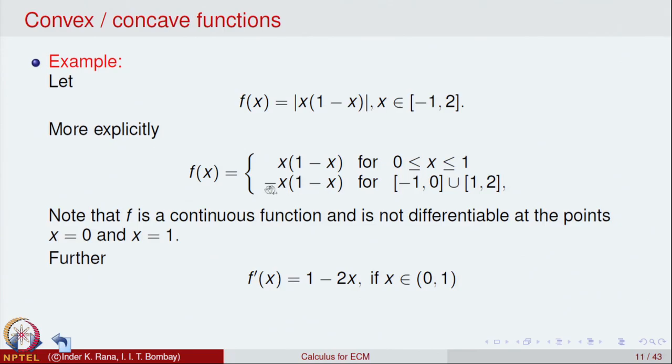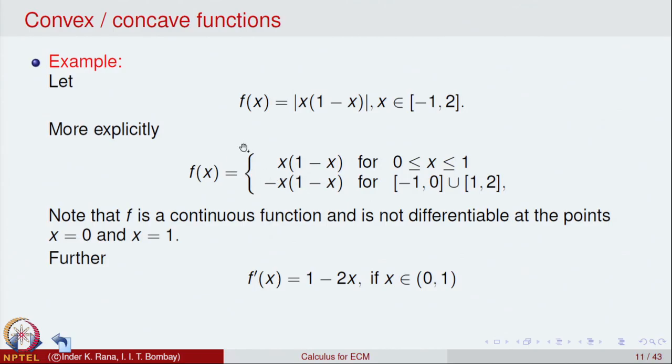So, the function is defined differently between 0 and 1 and differently between minus 1 to 0 and 1 to 2, depending on whether the product is positive or negative.